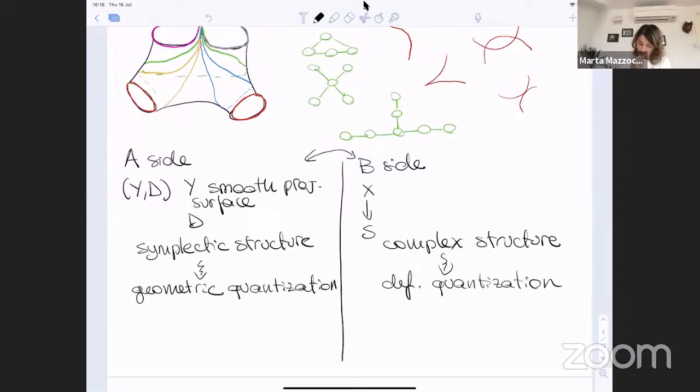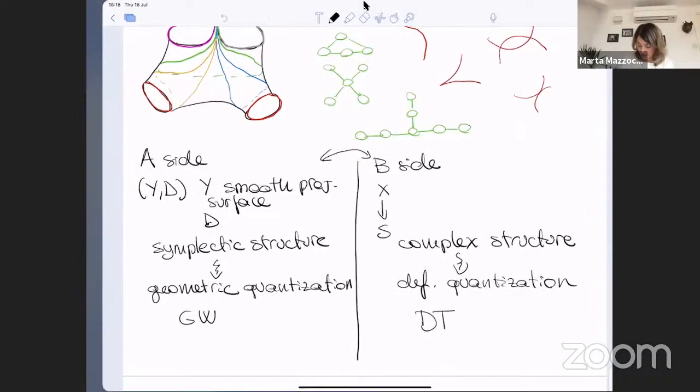Another thing I wanted to say: on the left side, this is where naturally Gromov-Witten theory is developed. And on the other, this is where Donaldson-Thomas theory is developed, or Landau-Ginzburg.